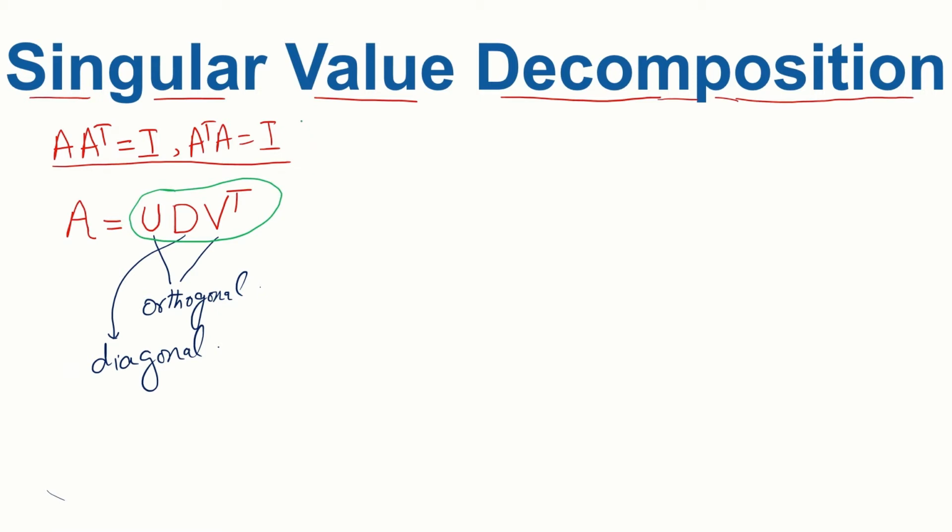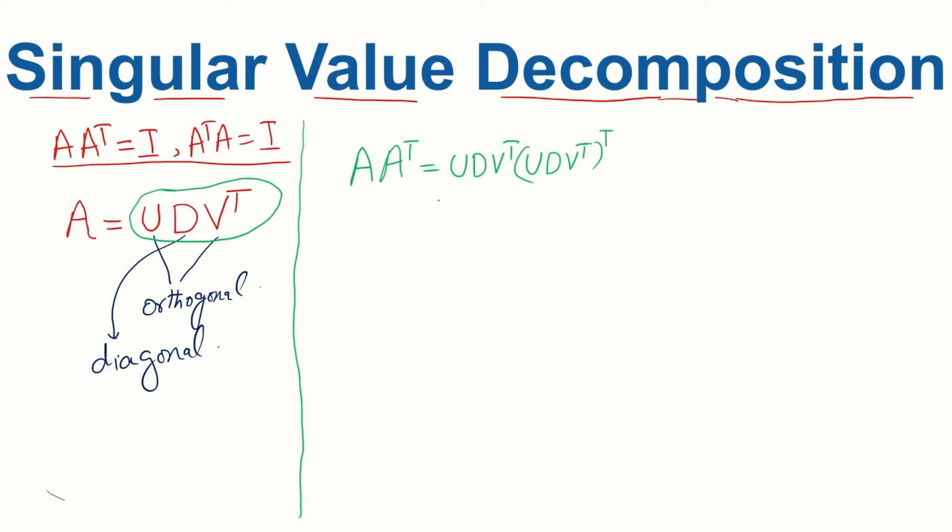Here I'm going to spend some time on a proof of SVD, just for those who are curious. Think about matrix A, which is U D V transpose, and multiply this matrix A with A transpose. So you will get U D V transpose, which is A, and then the transpose of A, which is (U D V transpose) transpose.